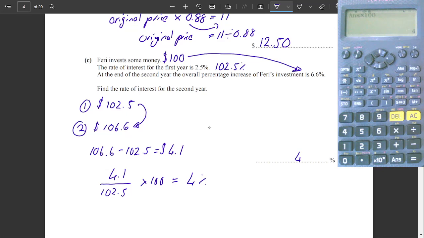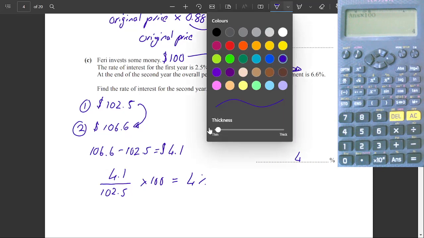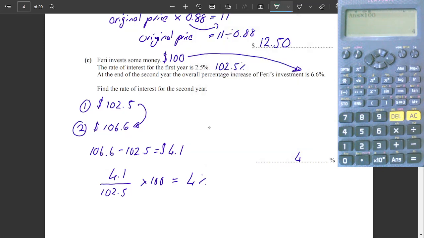Not sure if it's correct. Let's have a look. Okay, test the answer. Ferry invests $100. First increase it by 2.5%, which as a multiplier is 1.025. And then increase the second year by 4%. If we increase something by 4%, we end up with 104%, which is 1.04.